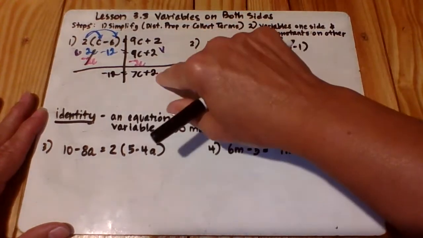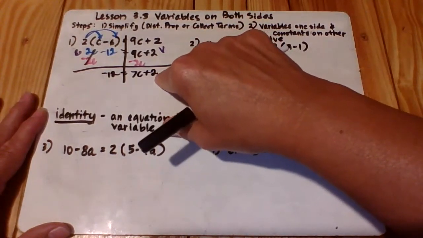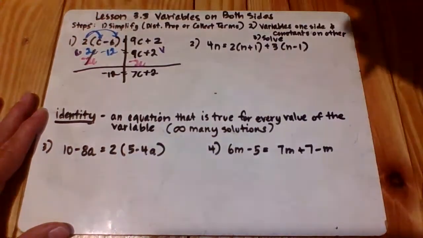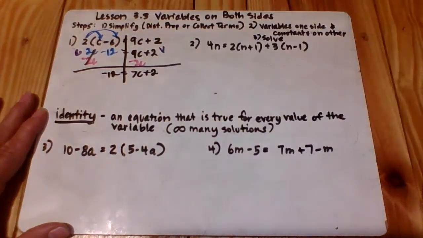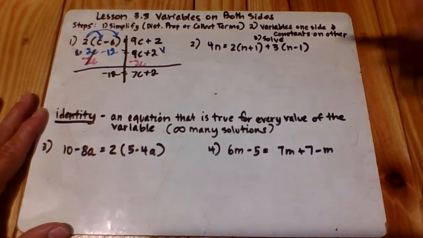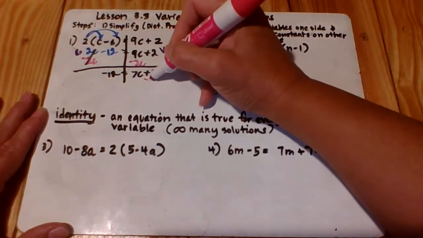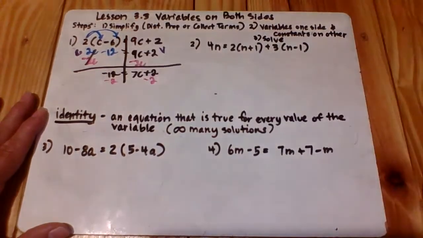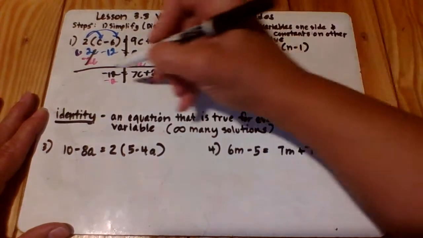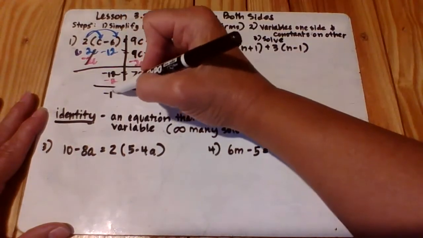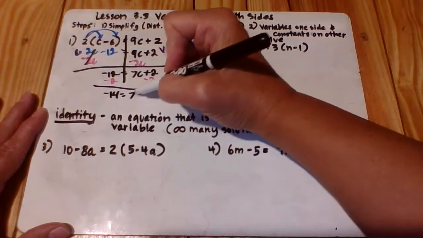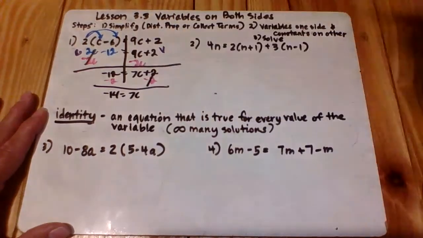This is my variable side, and this is a constant, so I have to move it over. You can think of it that way, or you can just see, I have a two-step equation. I'm an expert at two-step equations. I just have to isolate the variable and solve. So I'm going to subtract 2 and subtract 2. Negative 12 minus 2 is negative 14. I bring down my 7c, and then those cancel.